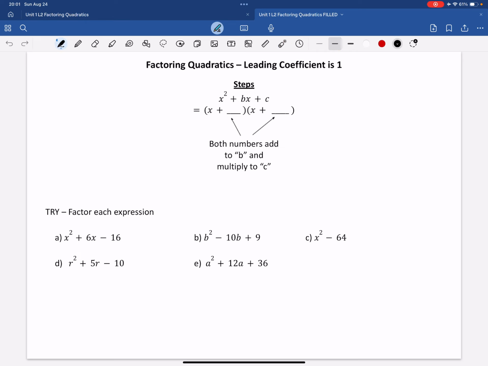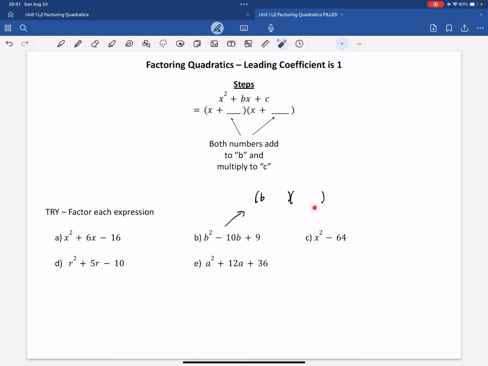So if I'm going to factor this first one here, I know, sorry guys, I know that basically factoring means we're going to break an expression into smaller parts that are multiplied together, okay? That's what factoring is. So we have a trinomial here.